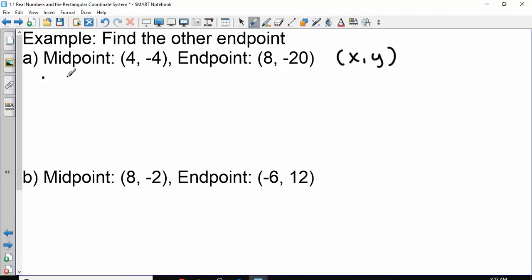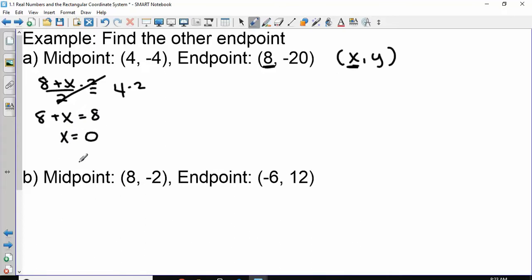So I could do the x's from my 2 endpoints, so 8 plus x divided by 2, and that should equal the x value of the midpoint, which was 4. Can you solve that equation for x? Times 2. Subtract your 8, and x is 0.